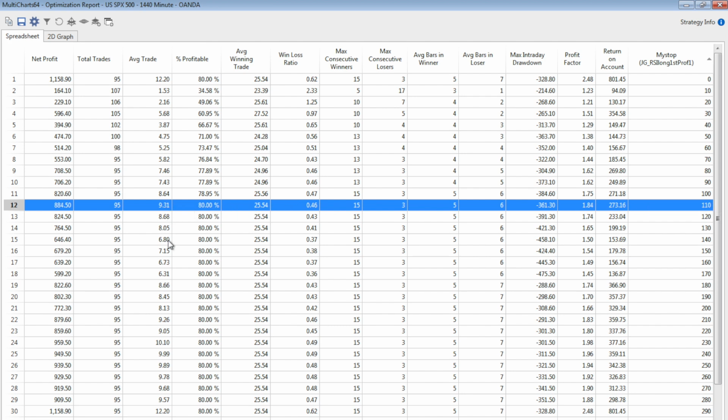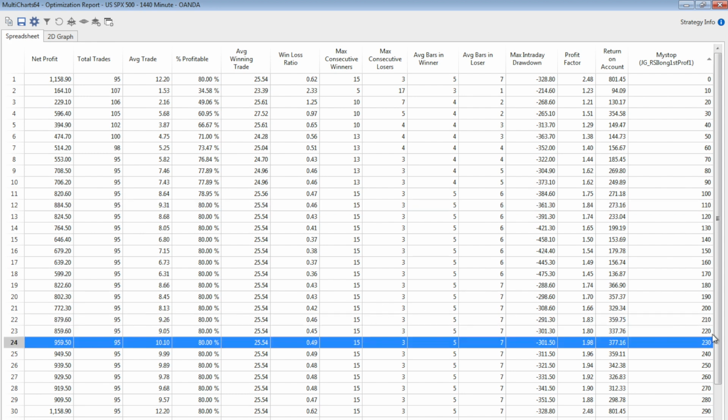We start to go a bit further and the results do start to decrease, and then they start to increase again. But by that time, we've got a stop loss of well over double what the 110 ticks would be. So for this study, I'm going to use 110 ticks as our fixed tick stop loss.